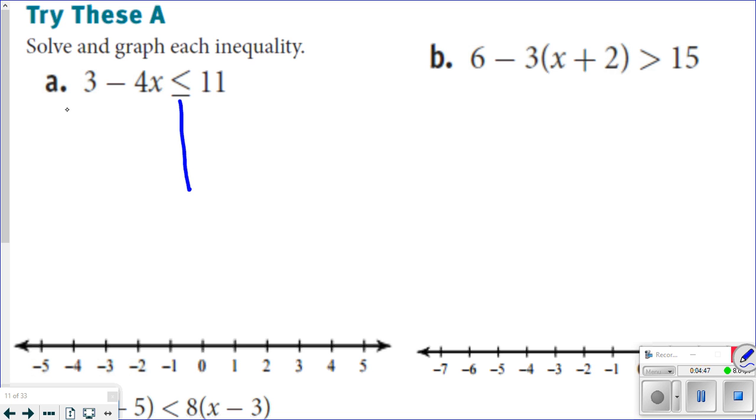So I need to remove or subtract 3. 3 minus 3 is nothing, 0, they cancel. Over here, we need to subtract 3 as well. Negative 4x is less than or equal to 11 minus 3 is 8.